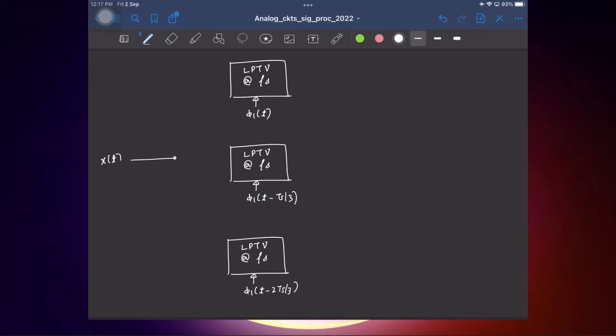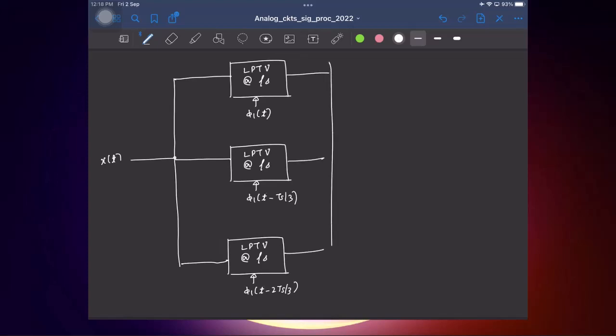The same input we will feed to all of these, and the outputs are basically summed. So this is called a 3-path system.